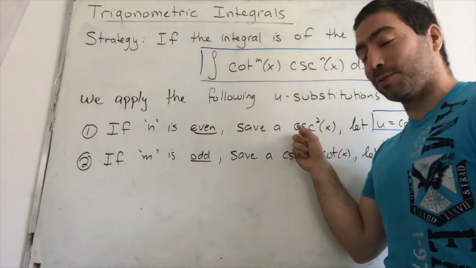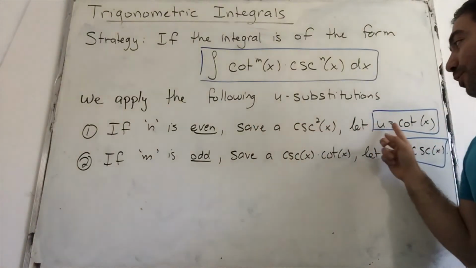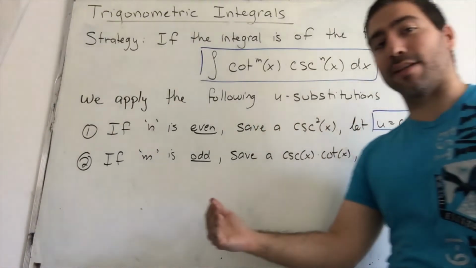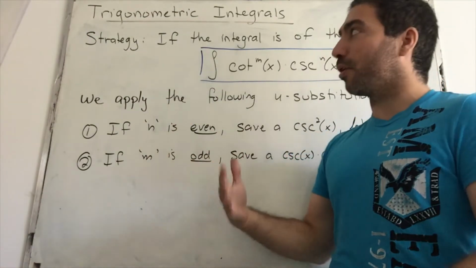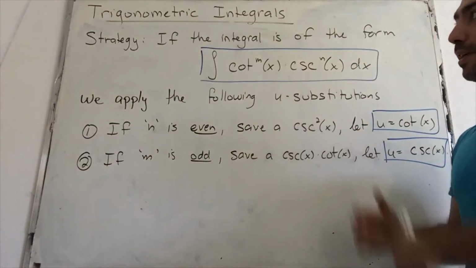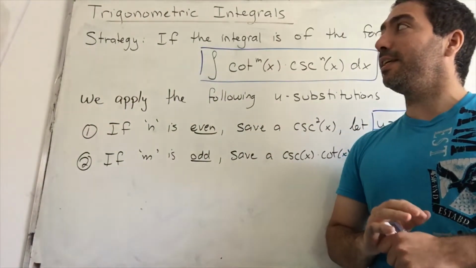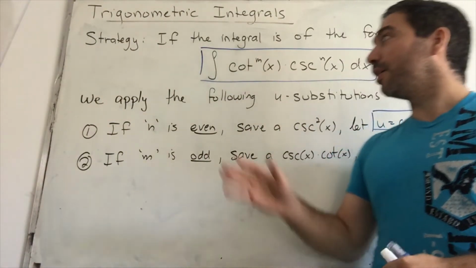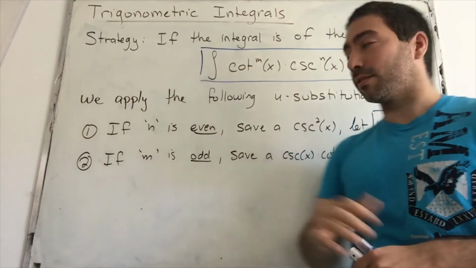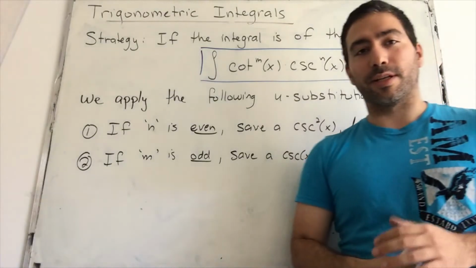Here we're just switching it to cosecant squared, and we let u equal tan. And in this case, we're letting u equal not tan, but cotan. So just add a co in front of the properties that we saw in our first strategy, and we have this one over here. So it's essentially the same strategy again. Just now, instead of tangent, it's cotangent. Instead of secant, it's cosecant. Okay, so let's take a look at a quick example.